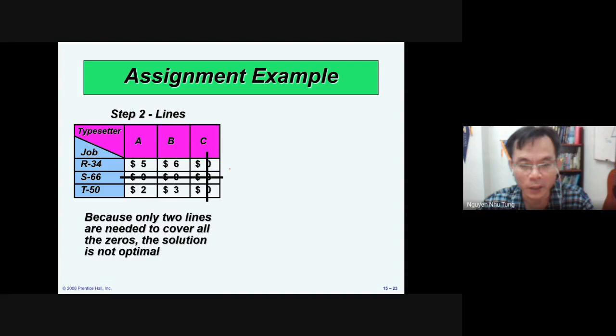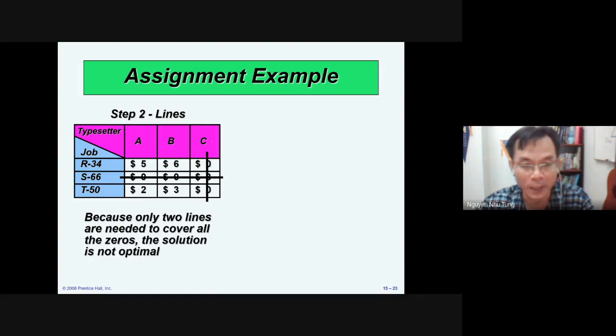The condition for solution optimality is that the number of crossing lines is equal to the number of columns. You may ask, what happens if the number of columns is not the same as the number of rows? In that case, you can use a dummy.